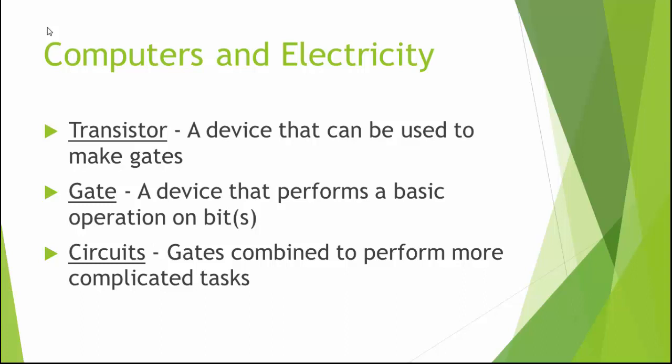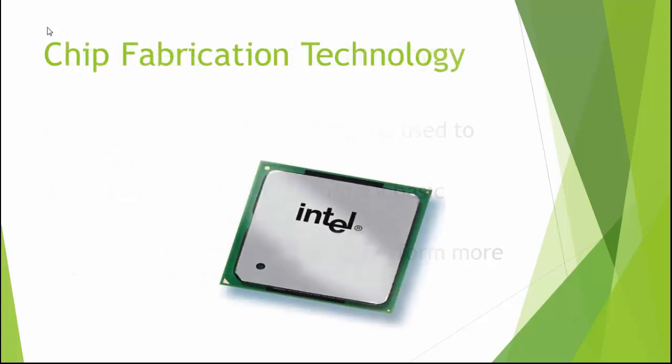When we combine those logic gates together in a logical way, then we have ourselves a circuit. When we put a circuit for a specific purpose onto a single device, then we have an integrated circuit.